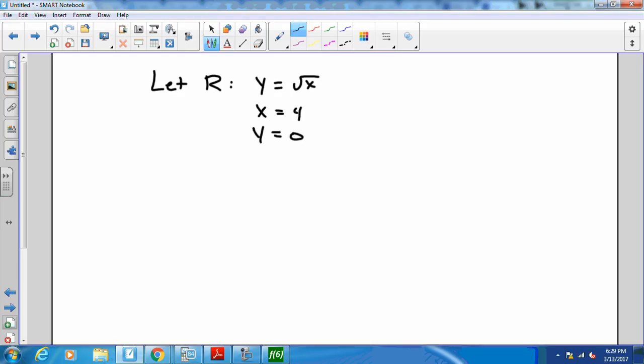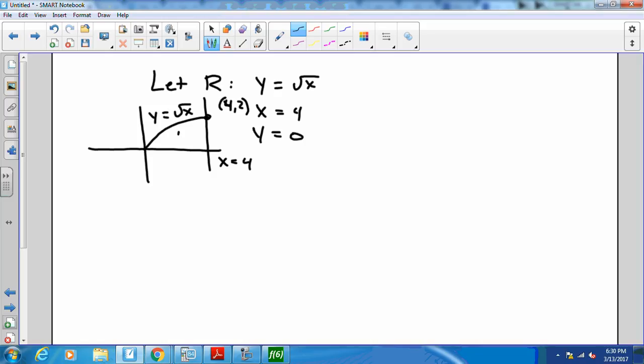Let's go back to the region defined by y equals root x and x equals 4 and y equals 0, which is the x-axis. This region was the region from our introductory example, and it looks just like this. We have an intersection point here of 4, 2, like that.